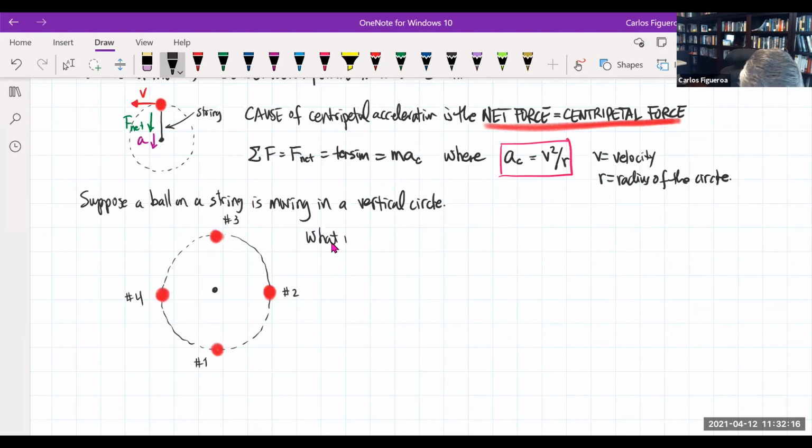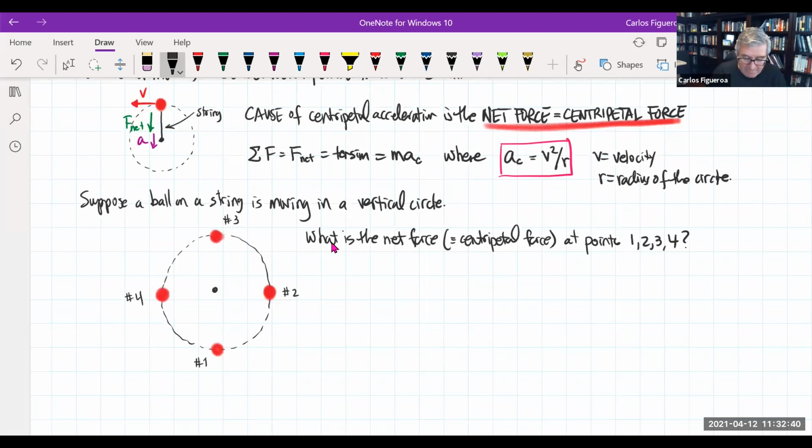So my question is, what is the net force? Remember, I can also call this the centripetal force, at points 1, 2, 3, 4. Okay, so let's go do that.